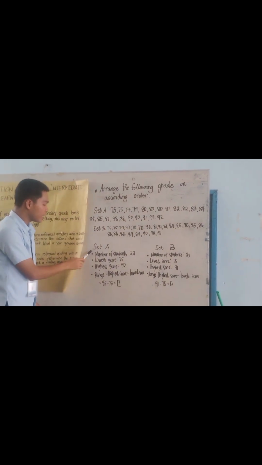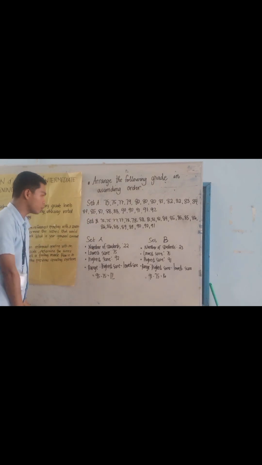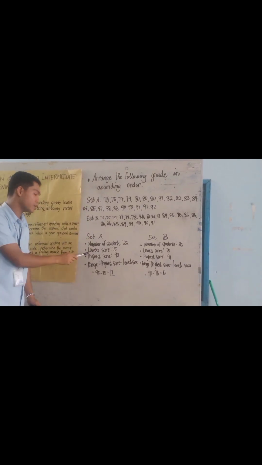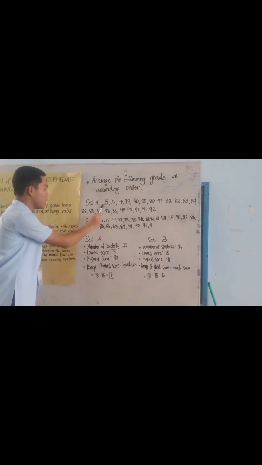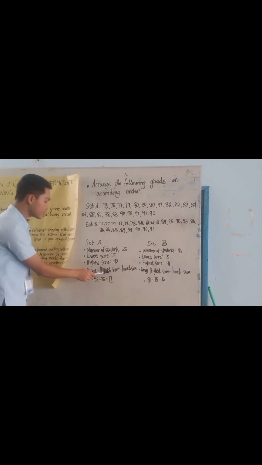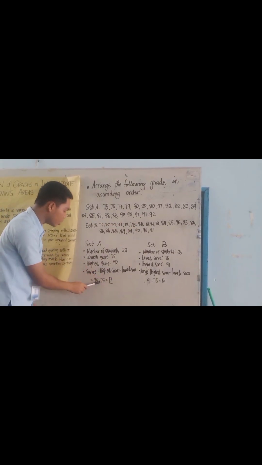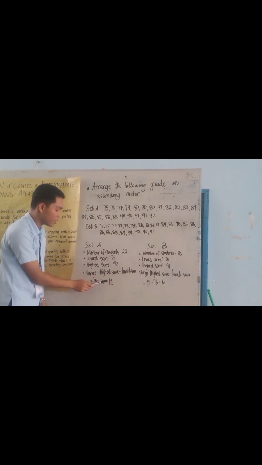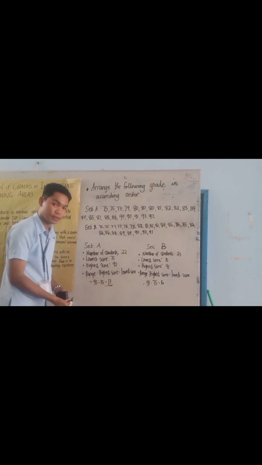The number of students in set A is 22. The lowest score is 75 and the highest score is 92. So the range is highest score 92 minus lowest score 75, equals 17.